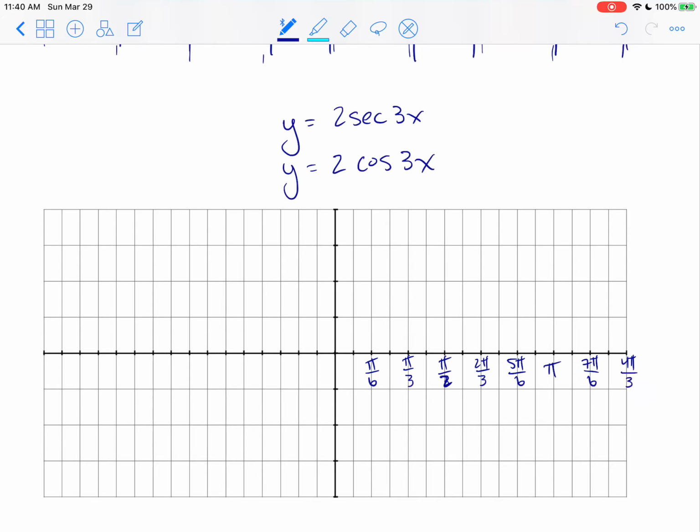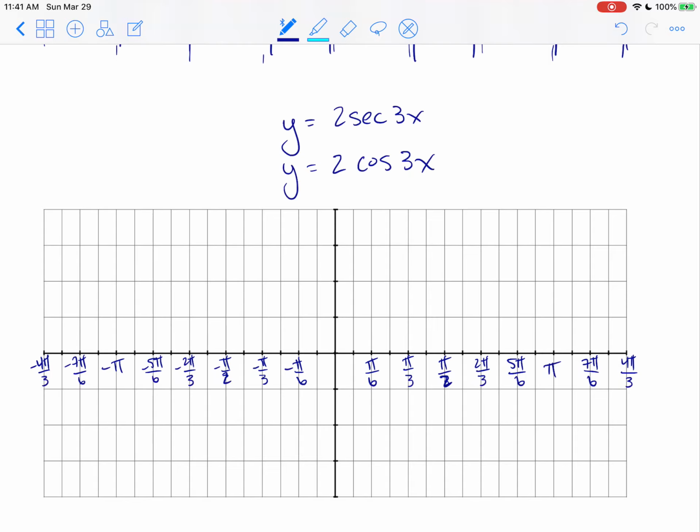All right. Do the same thing in the negative direction. Negative pi over 6, negative 2 pi over 6, negative 3 pi over 6, negative 4 pi over 6, it's negative 2 pi over 3, negative 5 pi over 6, negative 6 pi over 6, negative 7 pi over 6, and negative 8 pi over 6 gives me negative 4 pi over 3.